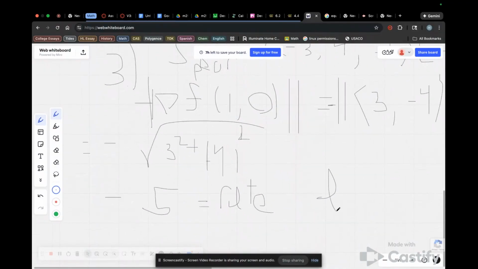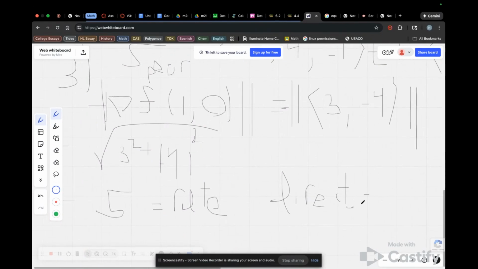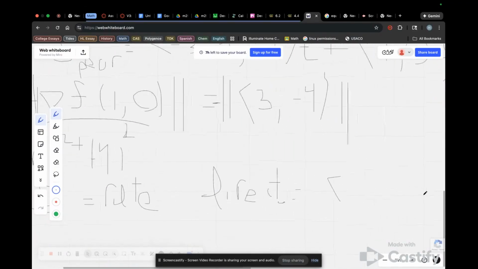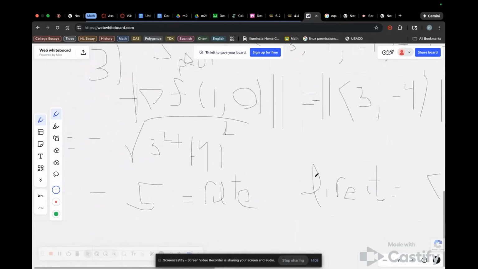Or the direction is just the gradient at that point, just 3, negative 4. All right, boom.